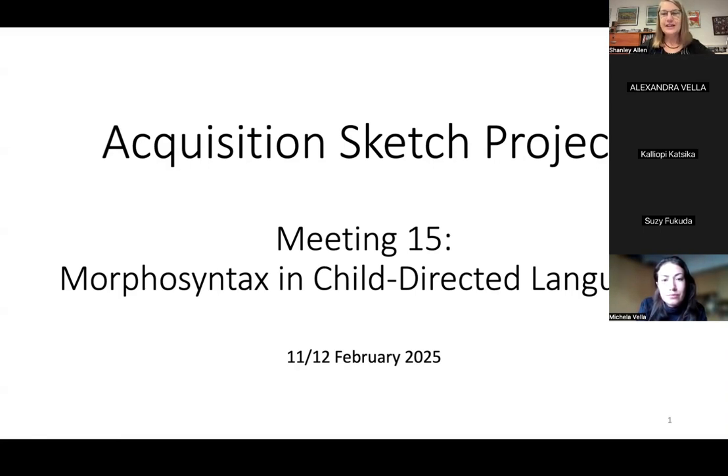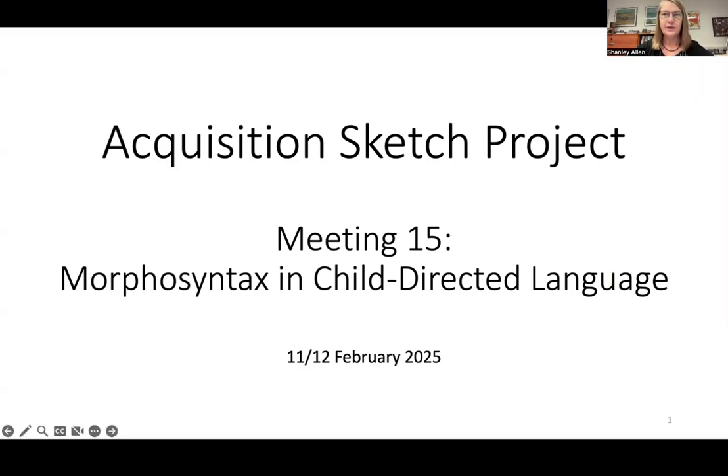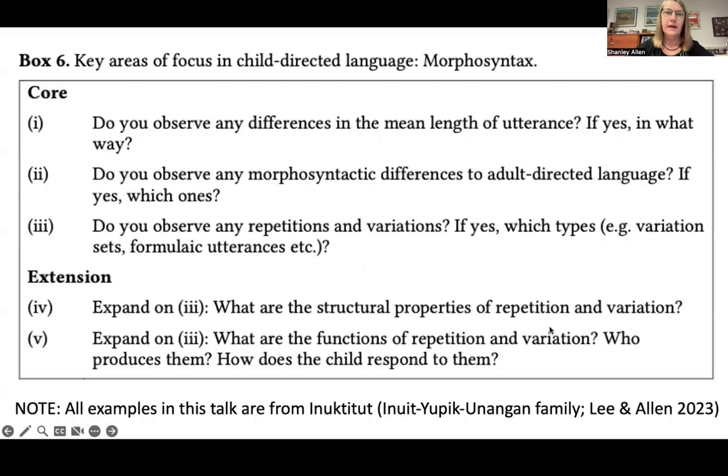And our focus today is going to be morphosyntax in child-directed language. This is the box of things that we suggest that you look at in morphosyntax in child-directed language. The first question is, do you observe any differences in the mean length of utterance?